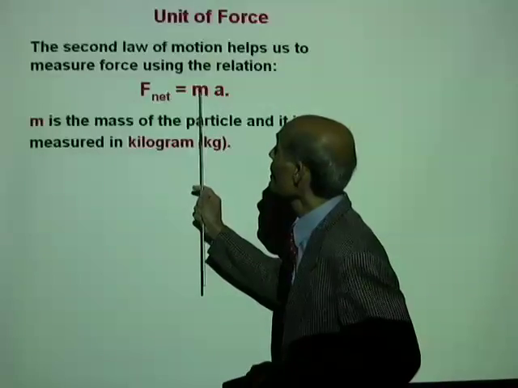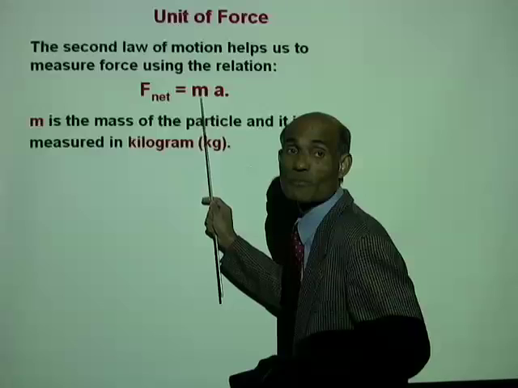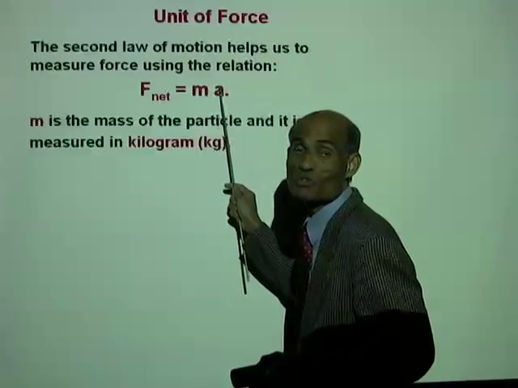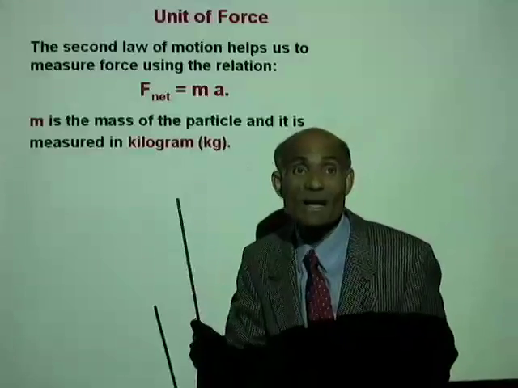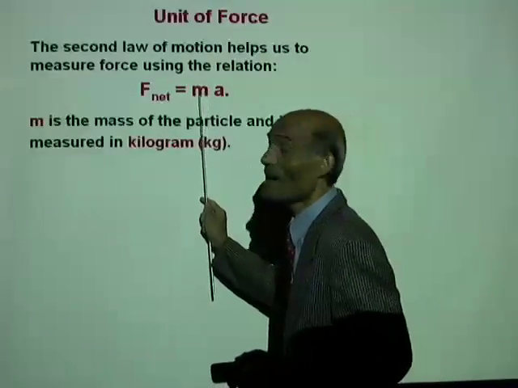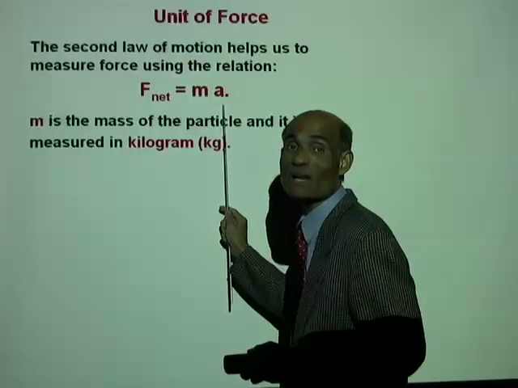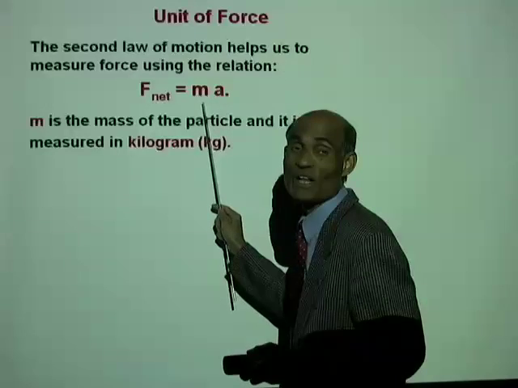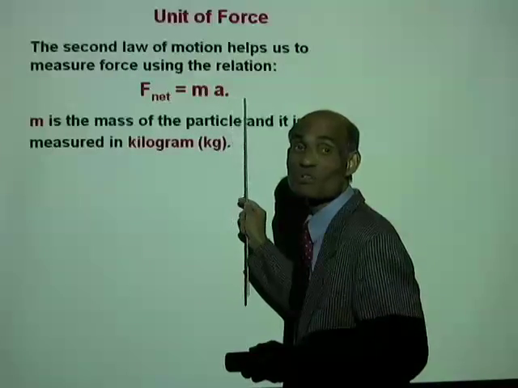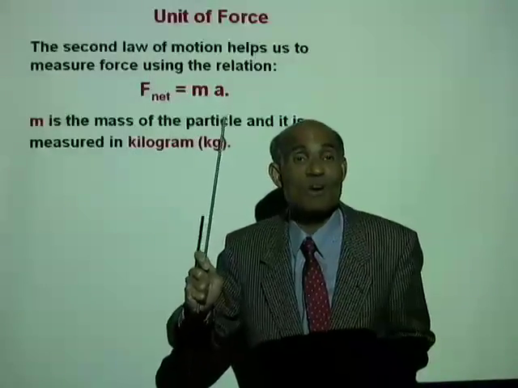Now, if you take 1 kilogram and use sufficient force to produce an acceleration of 1 meter per second squared, you can see if m equals 1 kilogram and acceleration is 1 meter per second squared, then 1 kilogram times 1 meter per second squared will be equal to 1 unit of force.